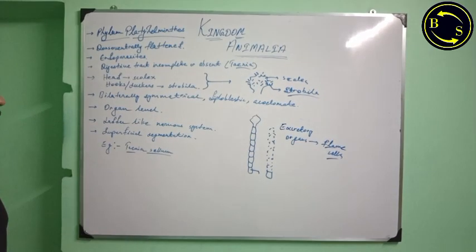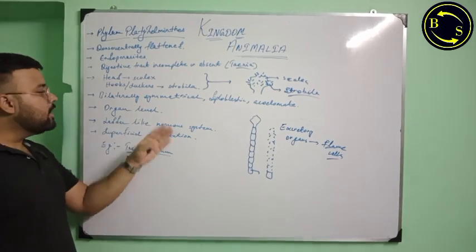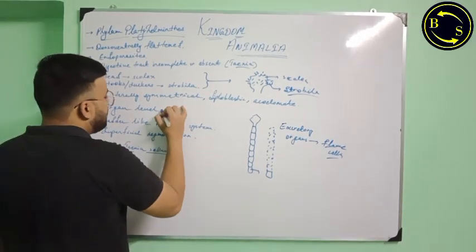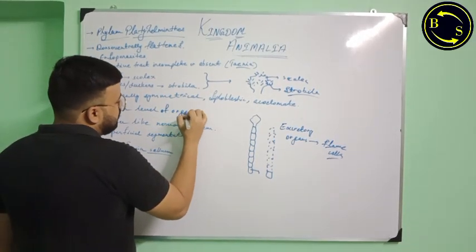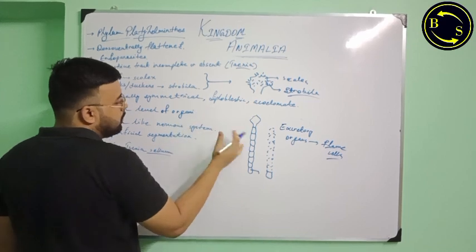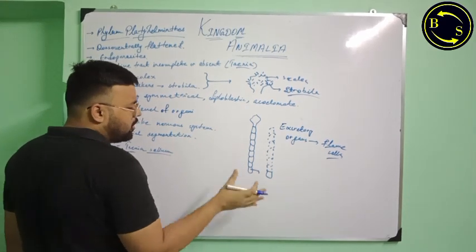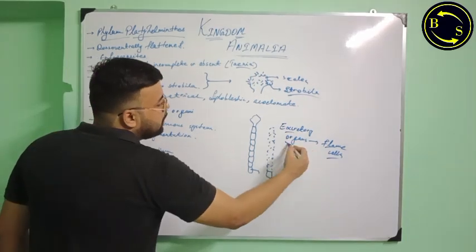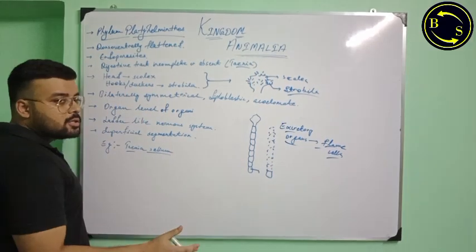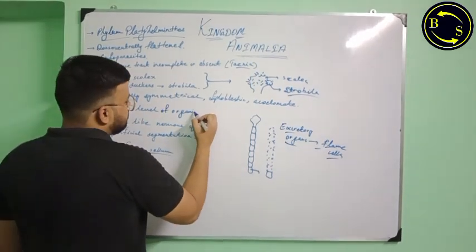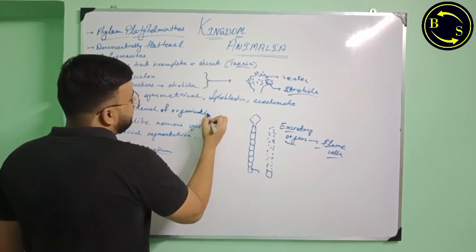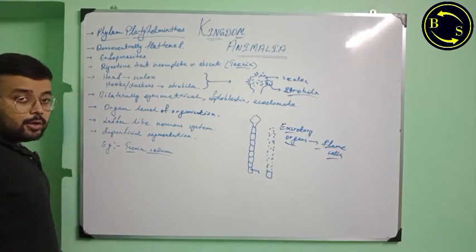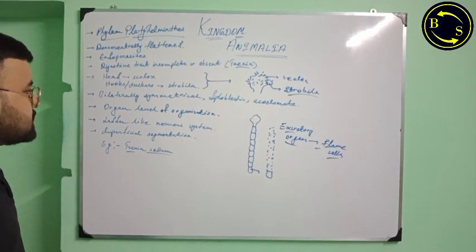They have organ level of organization. Organ level of organization means they have separate organs for digestion, separate organs for excretion, separate organs for reproduction. They have separate sexes, that is, they're dioecious. Male and female are separate.